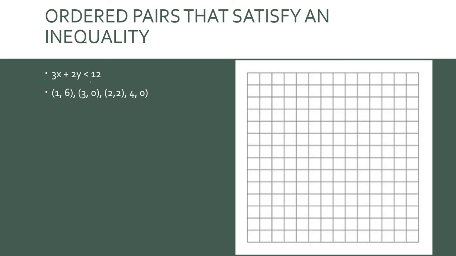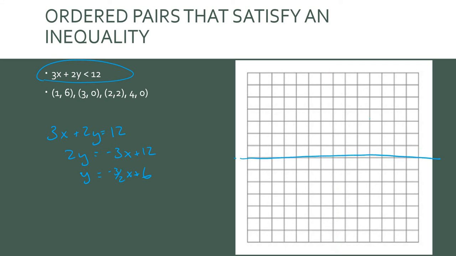Ordered pairs that satisfy an inequality. Let's start by rewriting this inequality temporarily as an equation, so I subtract 3x from both sides and divide by 2, and that's my equation.